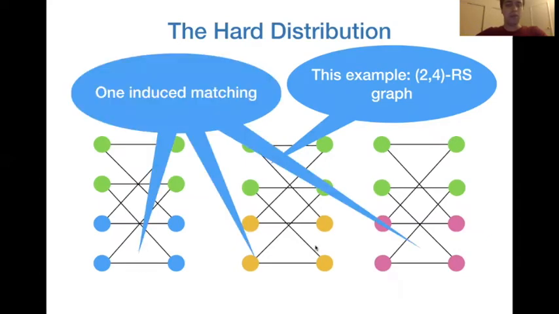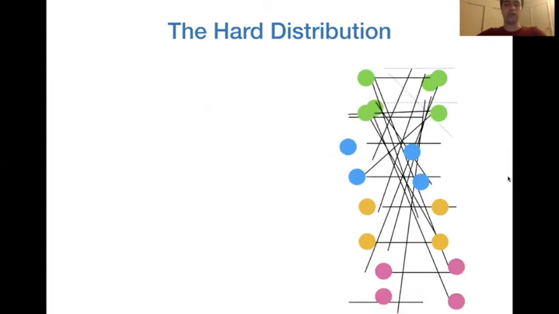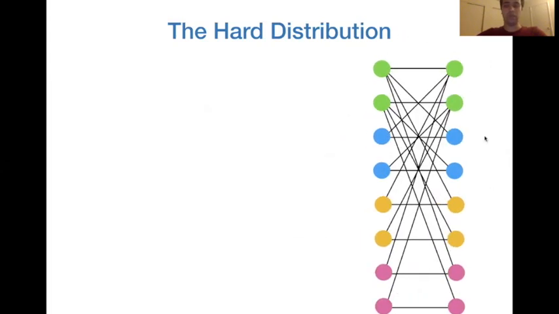And then from each of them, pick one induced matching uniformly at random. And after you did that, merge all the other vertices to become one. Okay, so these green vertices are the same across all RS graphs. And if you look, these green vertices and blue vertices form one RS graph, green and orange form another, and so on. And that's our graph really, modulo just some redrawing.